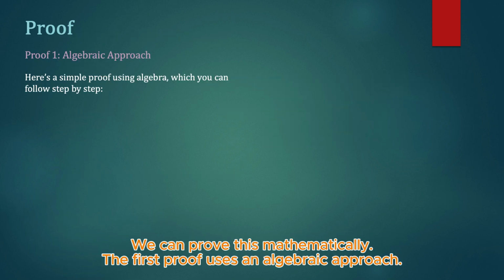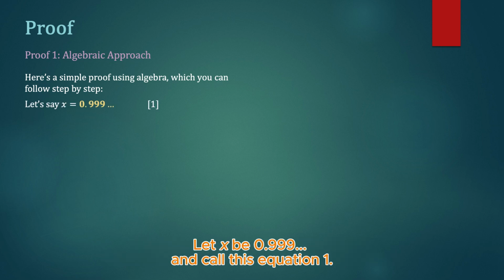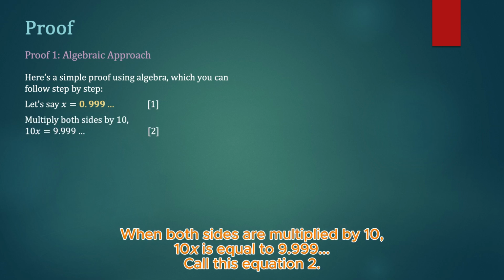We can prove this mathematically. The first proof uses an algebraic approach. Let x be 0.9 repeating and call this equation 1. When both sides are multiplied by 10, 10x is equal to 9.9 repeating. Call this equation 2.